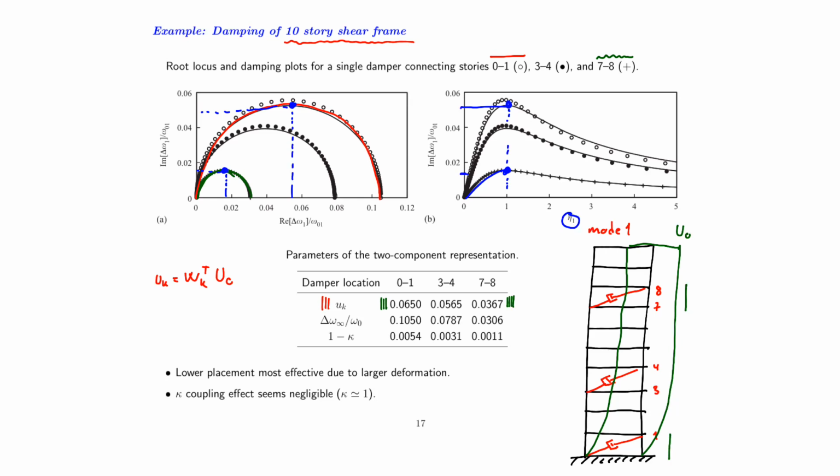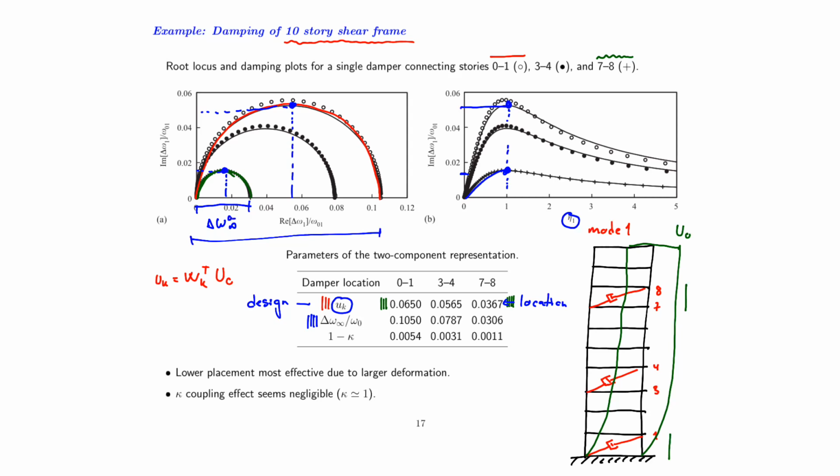So the design of a damper system and its location are both initiated by looking at this modal amplitude for our different damper locations. And you can also have a look at the change in natural frequency. That's actually the diameter in these half circles.